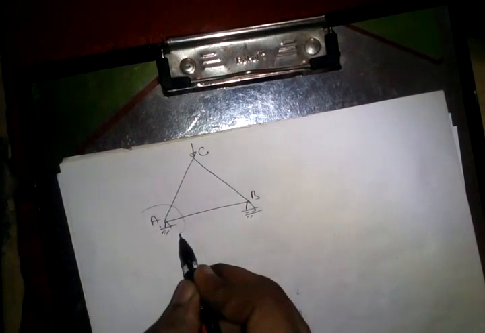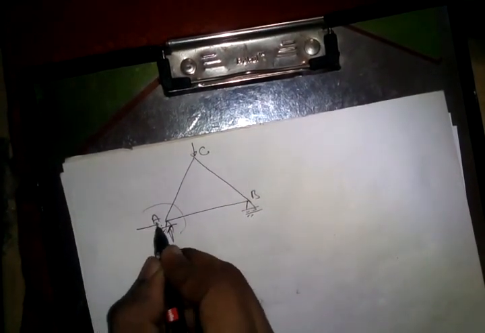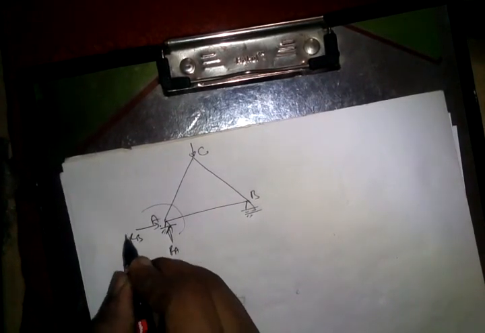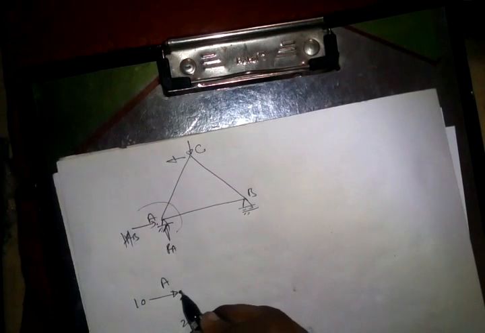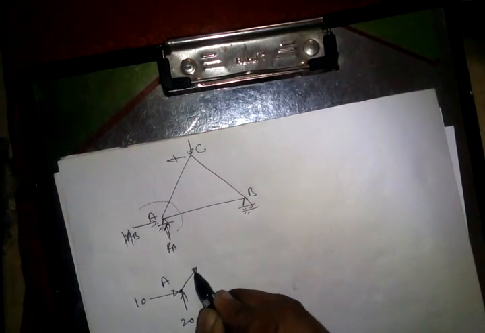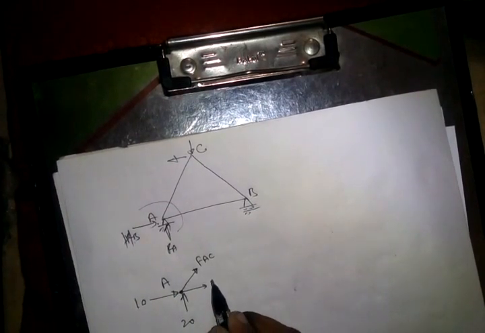If I cut this joint, I will show this reaction RA, this HA. So at joint A, I will show HA, let us suppose 10, RA, let us suppose 20, right? So now this is joint A. Member force, I will show member force at the joint. This will be FAC and this will be FAB.